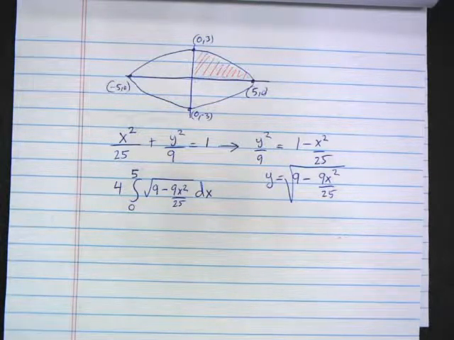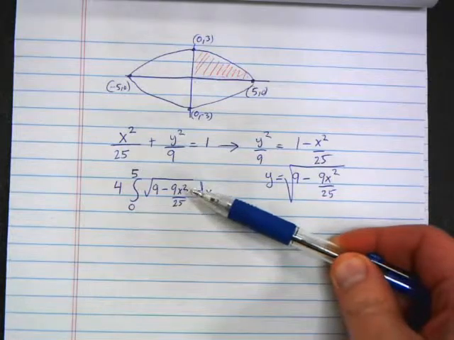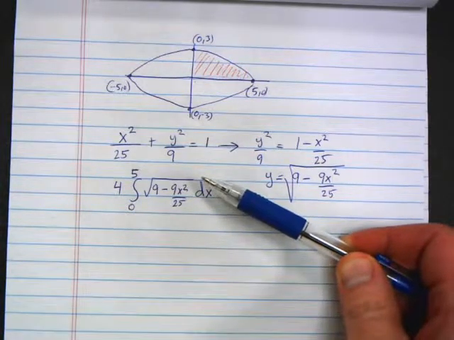How do you integrate that? The trig sub problem. And what tells you that's a trig sub problem? You're subtracting things under a square root. You have a square root combined with a square. That's almost always a trig substitution problem.